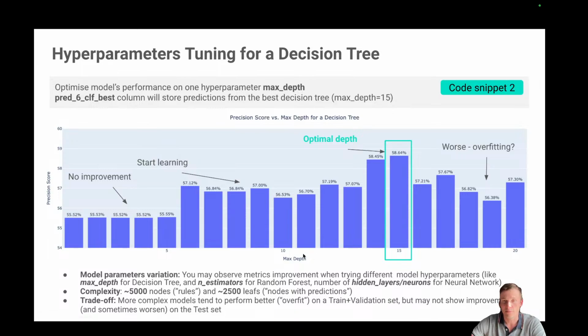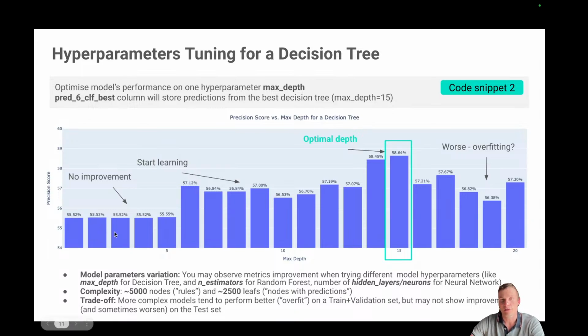We iterate over max depth, and the values are max depth equals 1, 2, 3, 5, and up to 20. The first 5 decision trees, of depth between 1 and 5, predict approximately the same, they have approximately the same prediction quality of 55.5%.